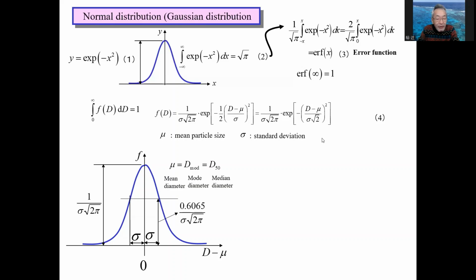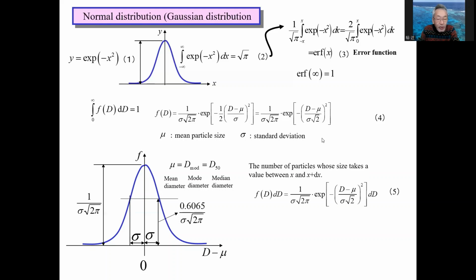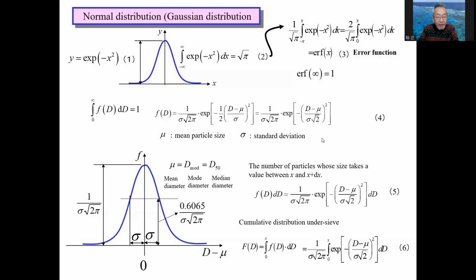The mean diameter, the mode diameter, and the median diameter coincide for the normal distribution. The number of particles whose size takes a value between x and x plus dx is given by equation 5. Using equation 5, the cumulative undersieved distribution can be expressed by equation 6.